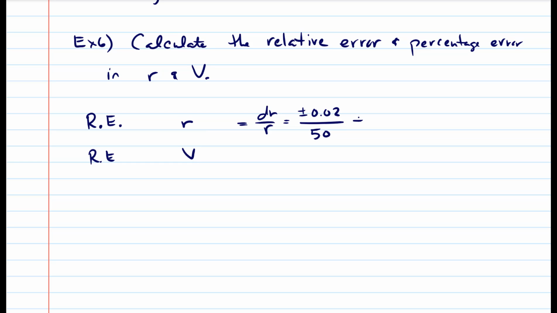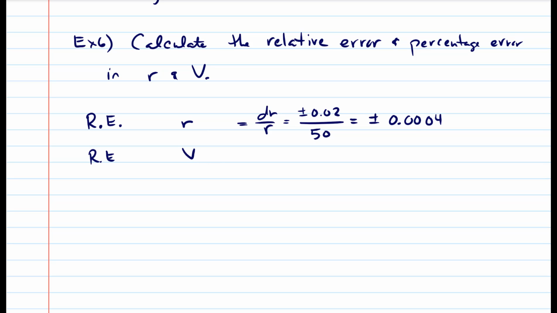Plug that in, and you get plus or minus 0.0004. Notice the inches fall off, so this is just relative error. It's almost like a ratio of error for that particular piece.